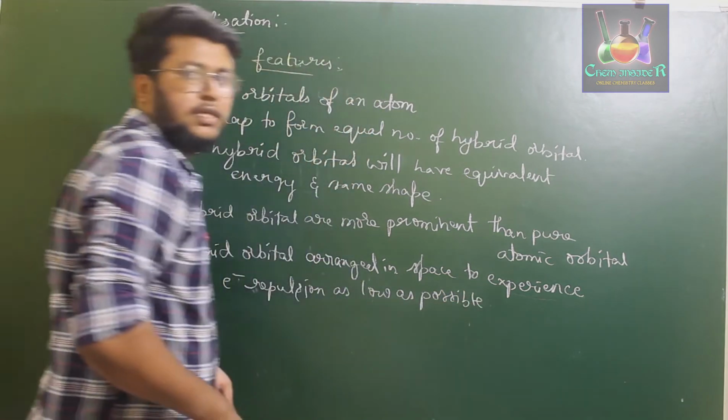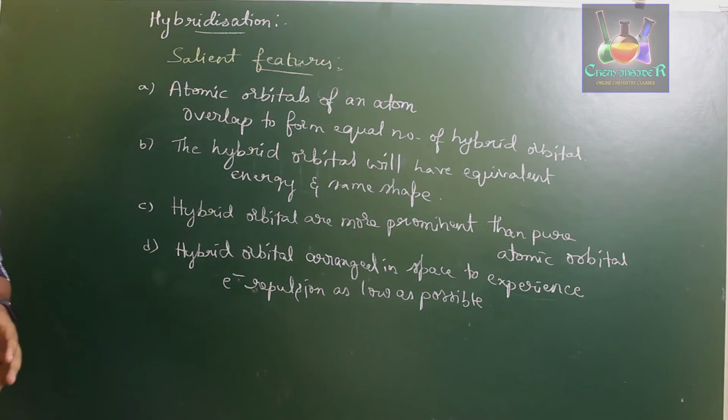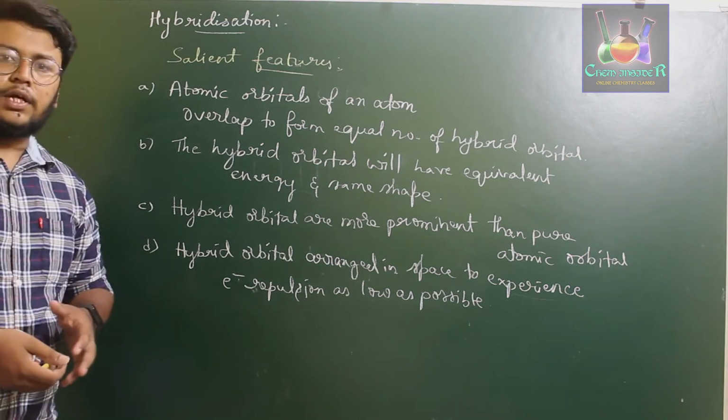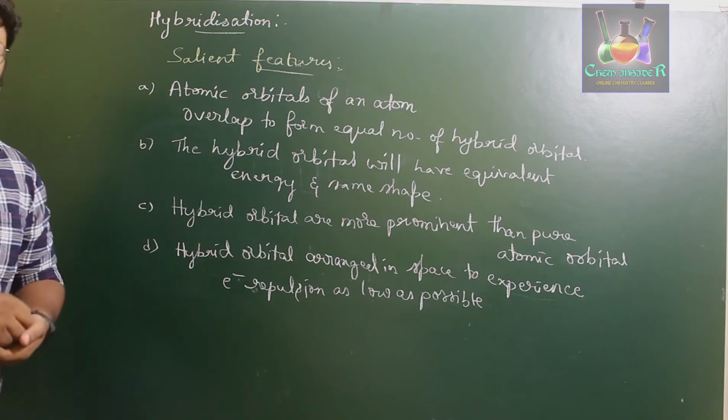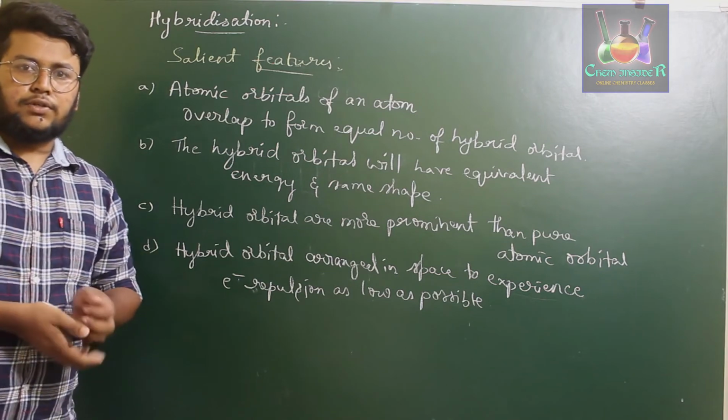Therefore, we can clearly say that hybrid orbitals form stable bonds when compared to pure atomic orbitals. So these are the four salient features of the hybridization concept.